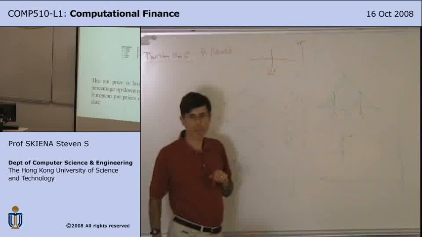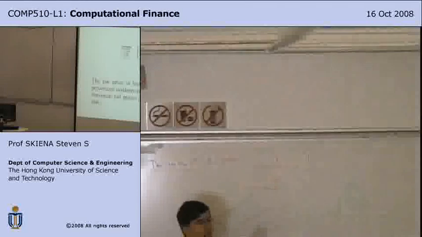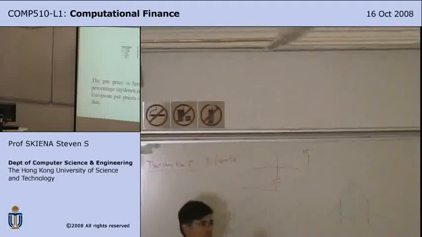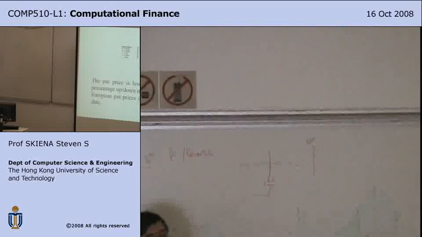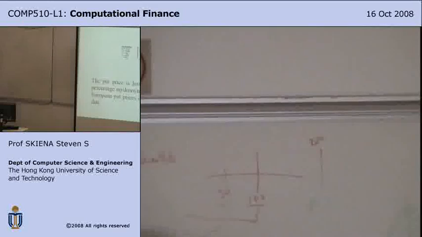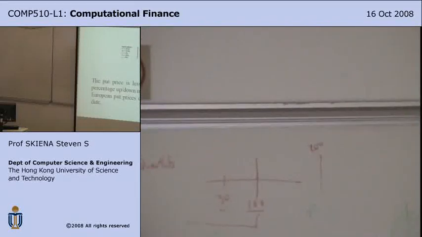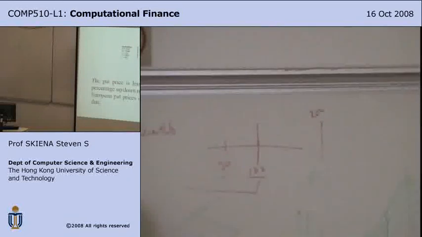An equal event to a stock doubling is, on the downside, halving. Does everybody see that? So if the price halves, the price went down to 50. If I had a put to sell at 100, what would my profit be? 50.